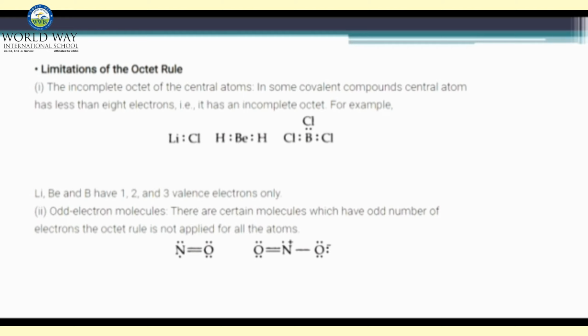For example, lithium, beryllium, and boron carry 1, 2, and 3 electrons as valence electrons respectively. The second limitation says that there are some molecules which have an odd number of electrons, and in that case the octet rule is not applied for all the atoms involved in the bond formation.